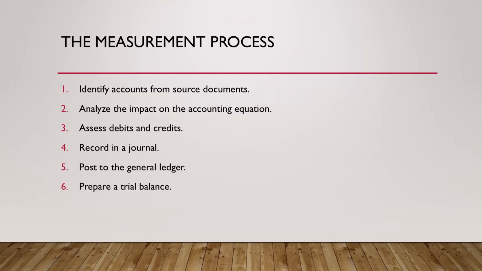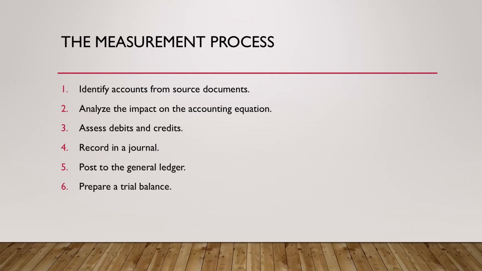The accounting cycle follows a systematic measurement process, which consists of these 6 steps. First, accountants identify the accounts affected by a transaction, often by looking at source documents like invoices or contracts. Second, they analyze the transaction's impact on the accounting equation.